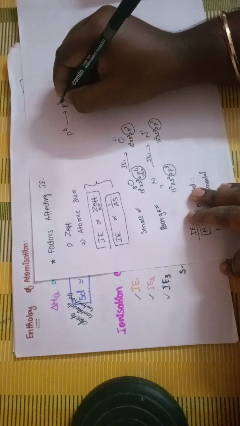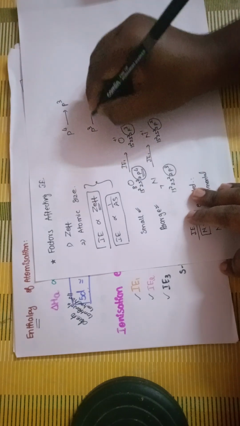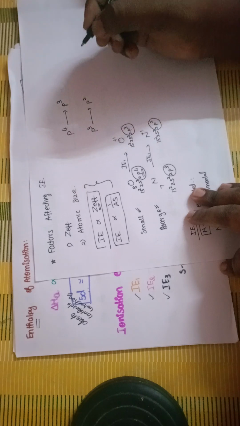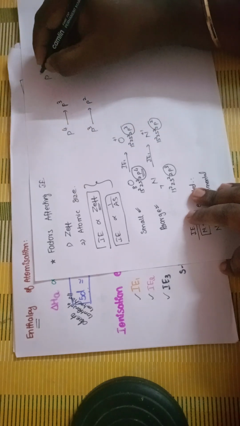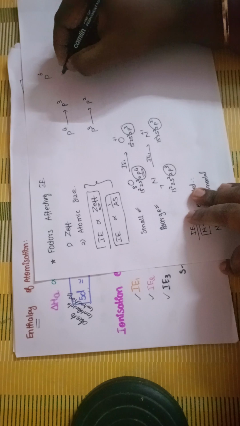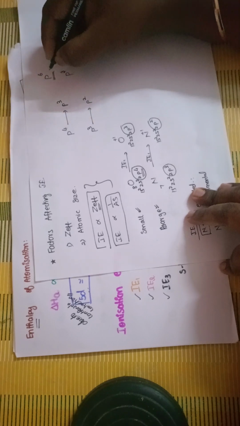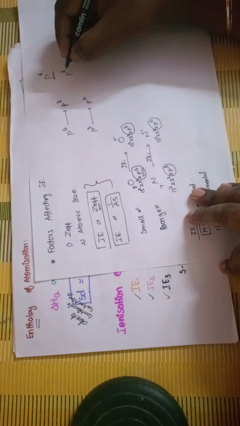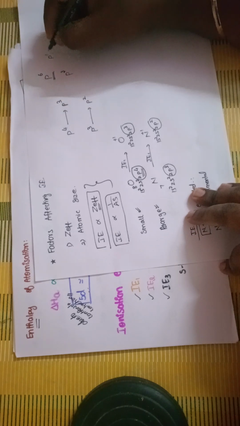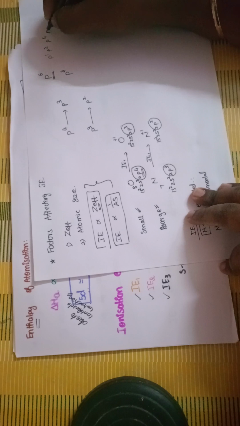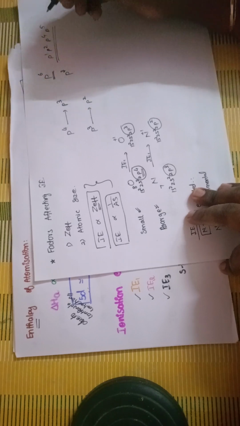P4 to P3, P3 to P2. We know the p subshell can accommodate a maximum of 6 electrons. This is completely filled; half-filled is p3. Completely filled and half-filled is more stable than partially filled. Partially filled means p1, p2, p4, p5. This is all partially filled configuration.